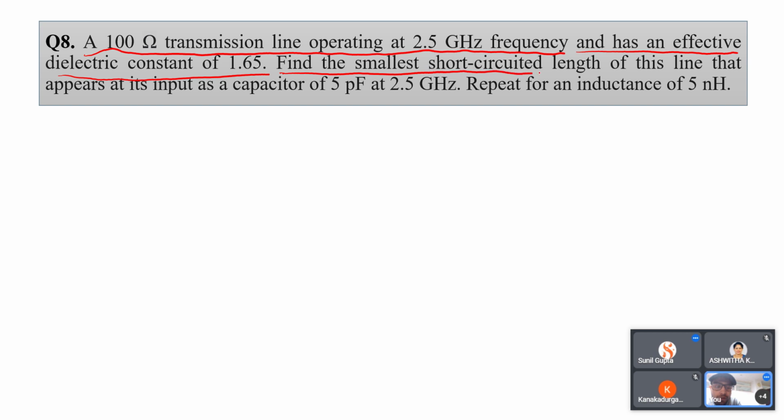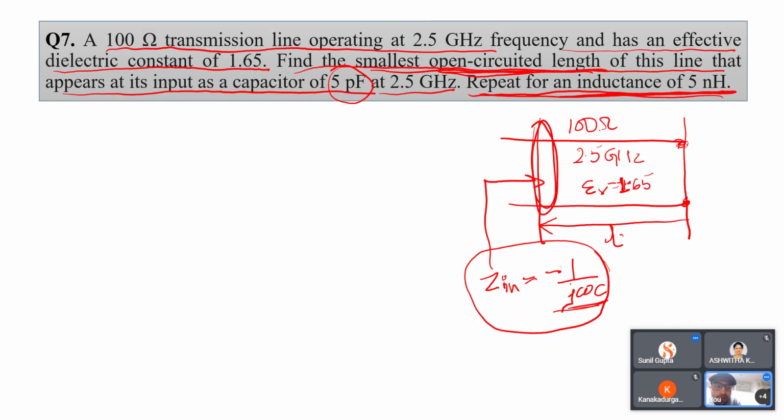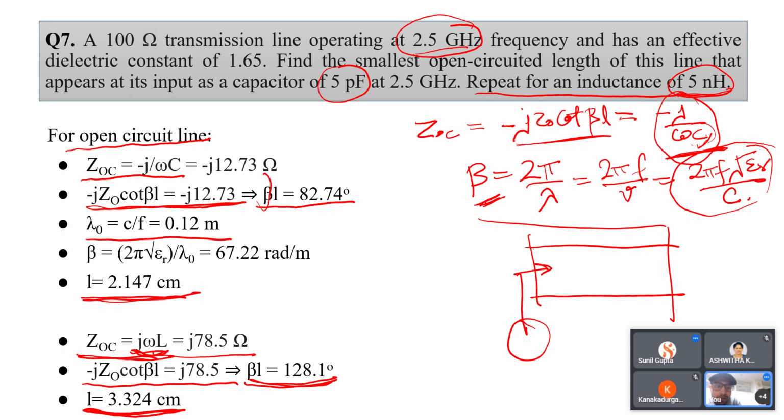Find the smallest short circuited length of this line that appears at the input as a capacitor of 5 picofarad at 2.5 gigahertz, and repeat this for obtaining an inductance of 5 nanohenry. So the question remains the same here.